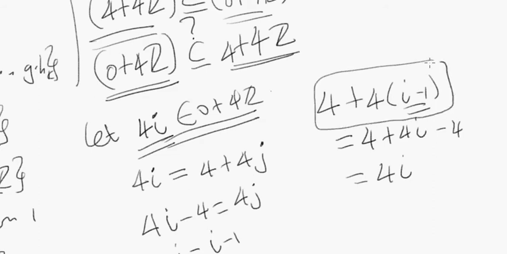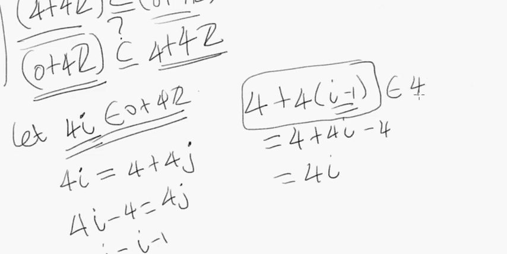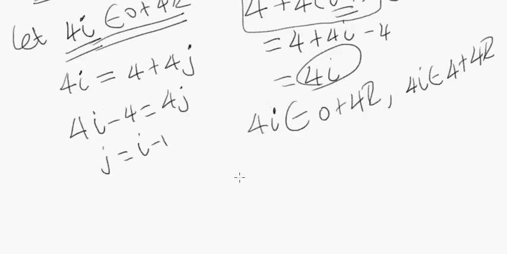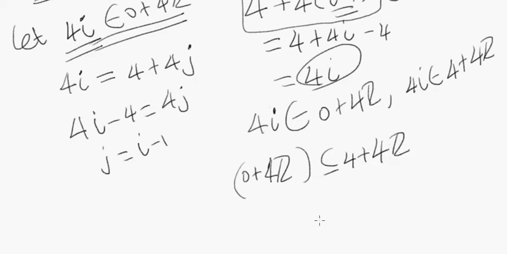So this element 4 plus 4(i minus 1) is an element of the coset 4 plus 4z. But it's also equal to 4i. So we've just shown that any element 4i in 0 plus 4z is also an element of 4 plus 4z. That's enough to conclude that indeed 0 plus 4z is a subset of 4 plus 4z.